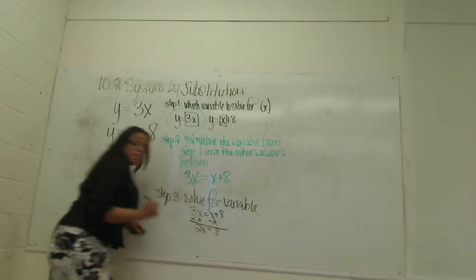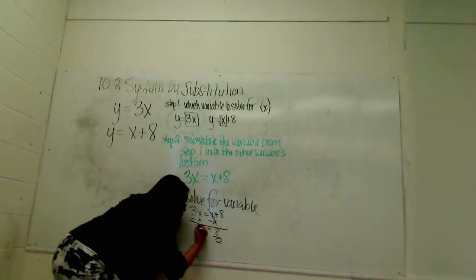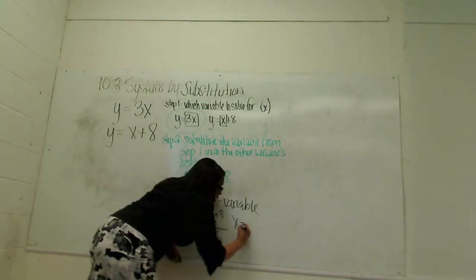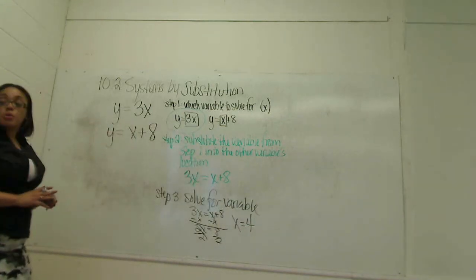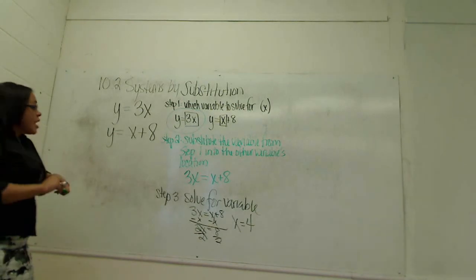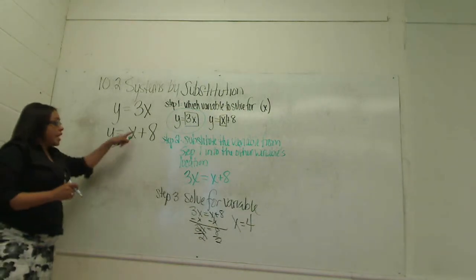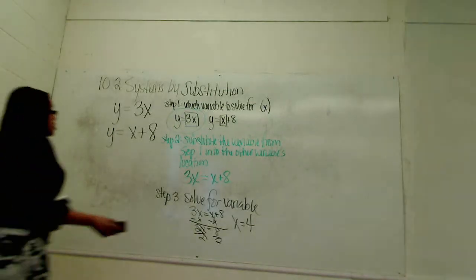So 2x equals 8. Divide by 2. X equals 4. I have figured out what one of my variables is. I now know that x must be equal to 4 because of substitution.